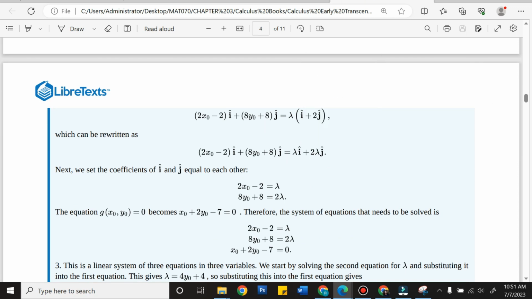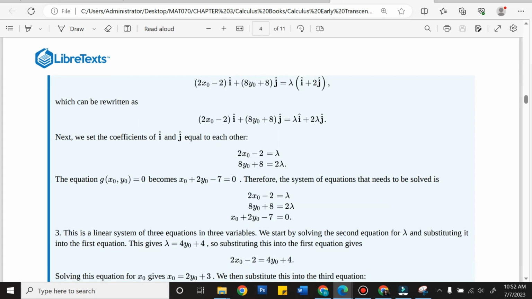So we'll have 2x minus 2 for this. Then for j, 8y sub o plus 8 and 2 lambda. So, we can omit them, considering that we already know that i and j are for x and y respectively.